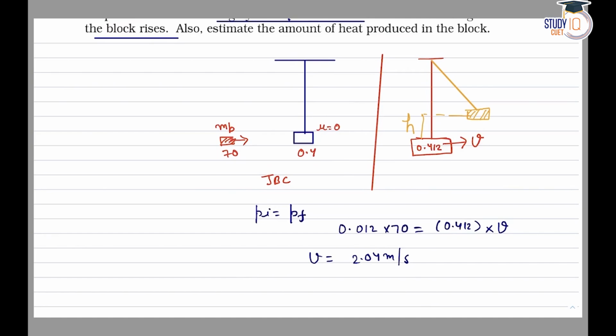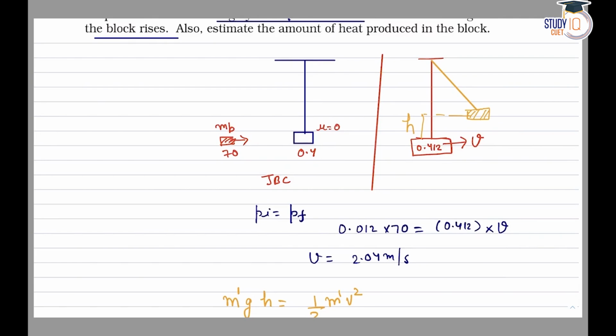In order to find the value of h, we can say that the potential energy, which is converted from kinetic energy, can be written as: final potential energy, mass of system m dash into g into h, is equal to the initial kinetic energy of the system, half m dash v square, where m dash is the mass of the system. So from this we have h equal to 1 by 2 into v square upon g.